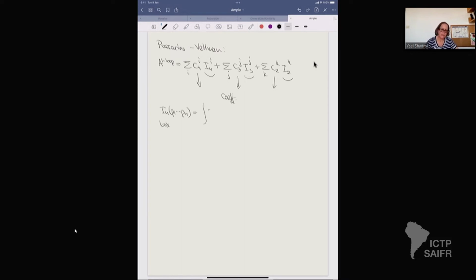Namely, it's the integral d4L over 2 pi to the 4th, 1 over L squared, L minus P1 squared, L minus P1 minus P2 squared, L minus P1 minus P2 minus P3 squared.